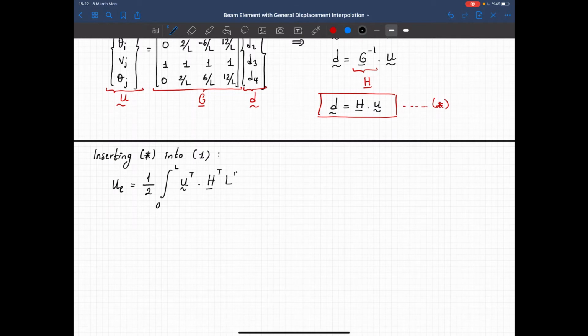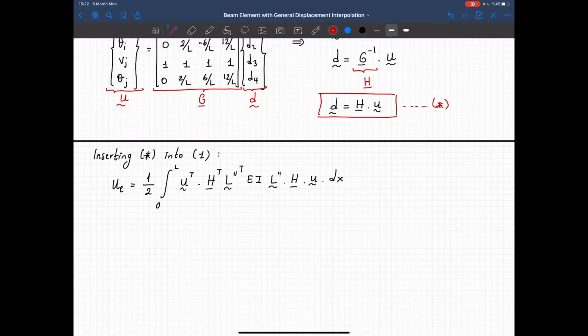I have the second derivative of L transpose multiplied by EI, second derivative of L, times H times U integrated over the length of the member.